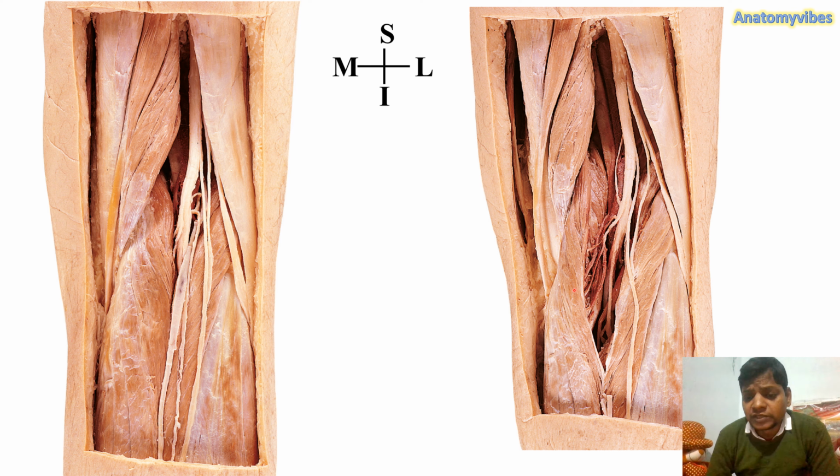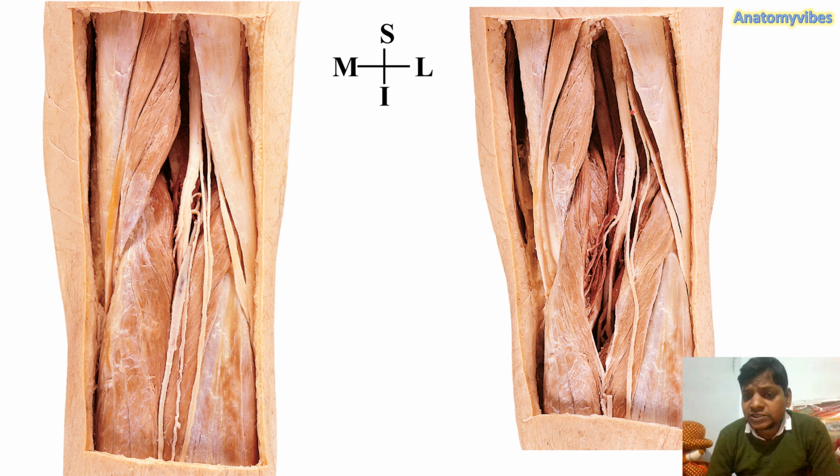Again here, when the muscle is retracted, we can clearly see some of the content. So this is tibial nerve, this is common peroneal nerve or common fibular nerve. And here you can see the branch, sural nerve, which is coming from tibial nerve, and this is sural communicating nerve coming from common peroneal nerve joining the sural nerve.